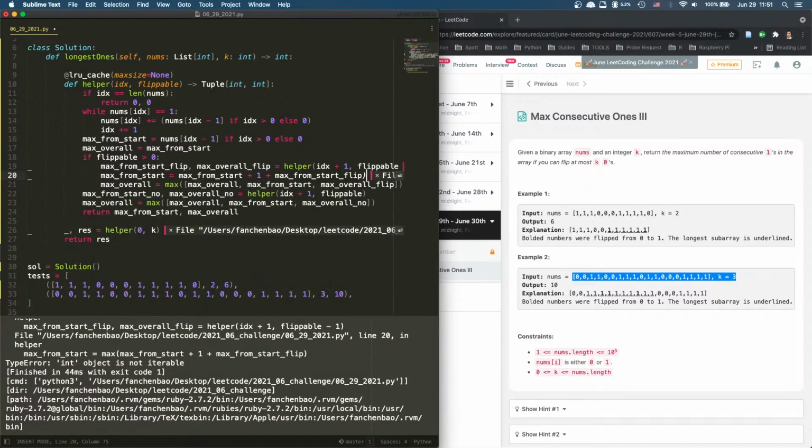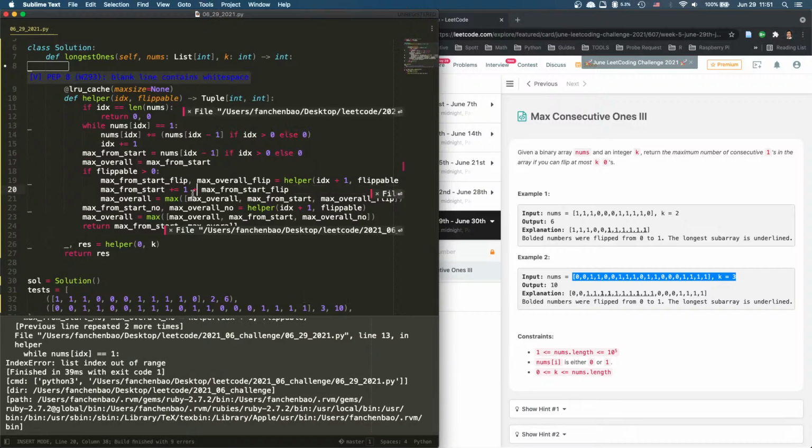It's just max from start. If I flip, then be 1. So I think this is actually plus equal to 1 plus max from this, and max overall is going to be max from start, and max overall, and this. And then here, no overall, okay.